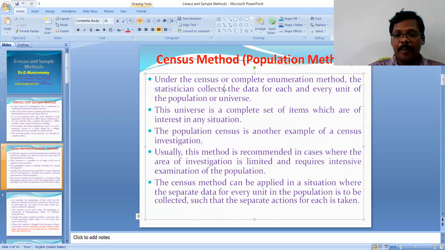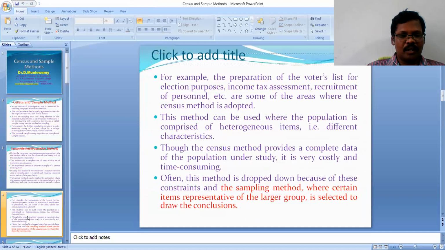That is one important thing about the census method. The census method is called the population method.